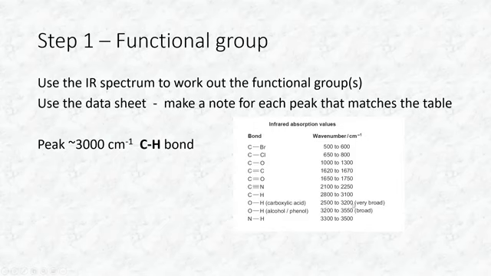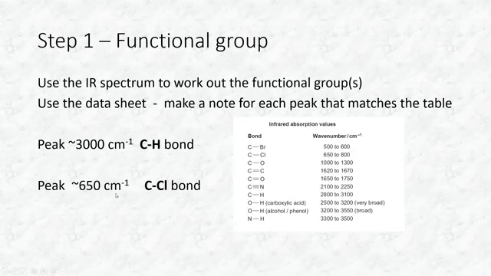But you can see a note here that that's a very broad peak, and you're probably familiar with the hydroxyl type peak that you get at that end of the spectrum. The peak we were looking at in our spectrum was sharp, so it's certainly not this peak. It can only be this peak. We also saw that there is a peak at around about 650, and the only one that coincides with that in our table is the carbon to chlorine bond.